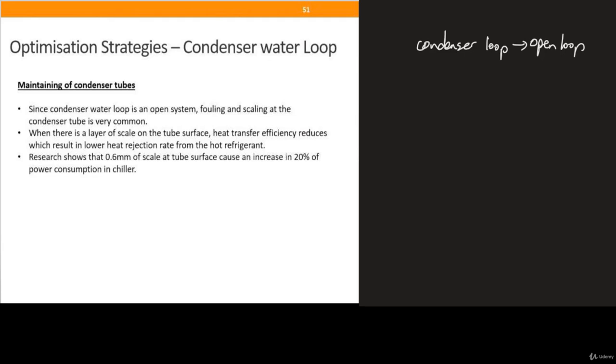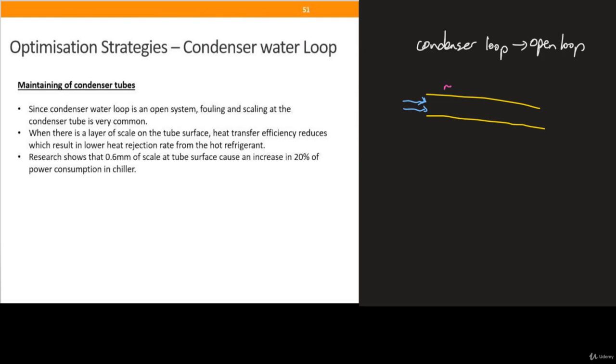So imagine you have a condenser tube. By right, cold condenser water is inside, and outside is your hot refrigerant.